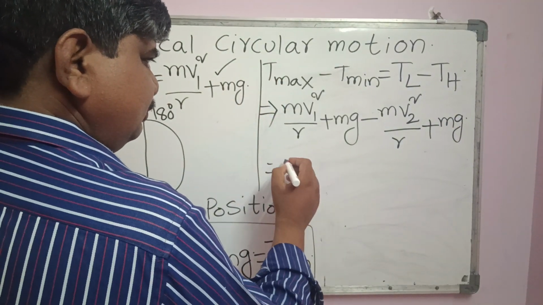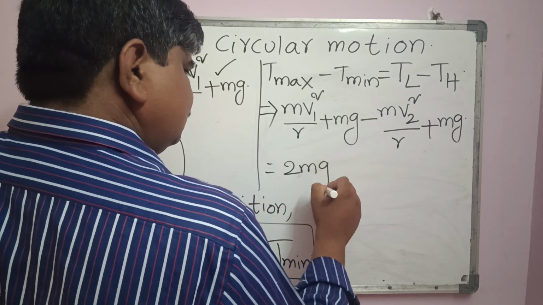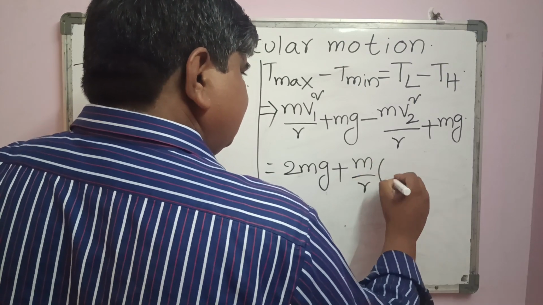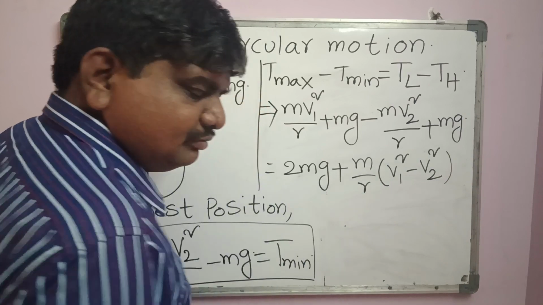So we can take mg plus mg, 2mg, plus m by r as common, times v1 square minus v2 square.